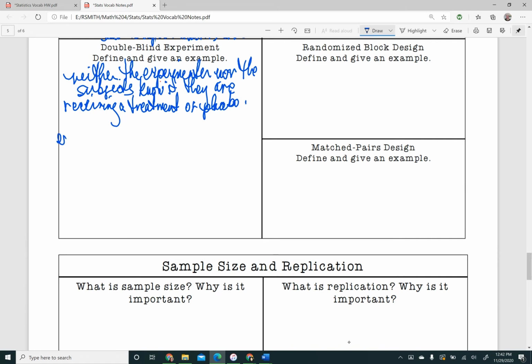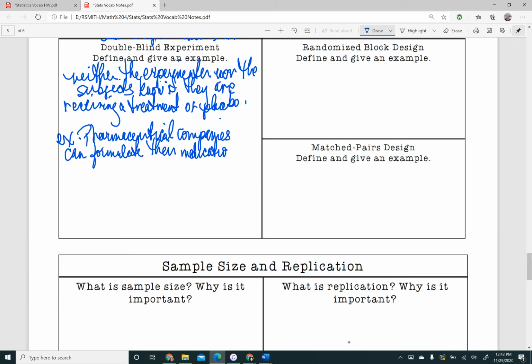So, for example, pharmaceutical companies, so drug companies, can formulate their medications and placebos to look alike.